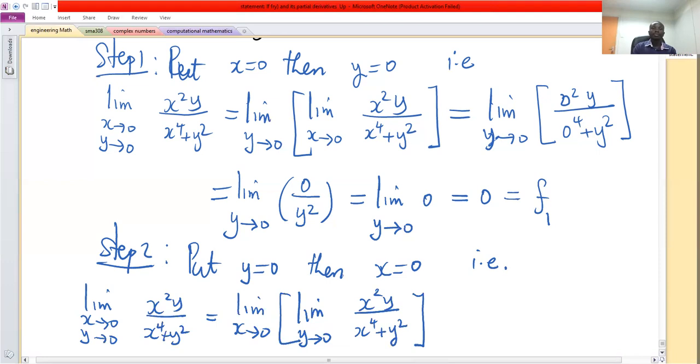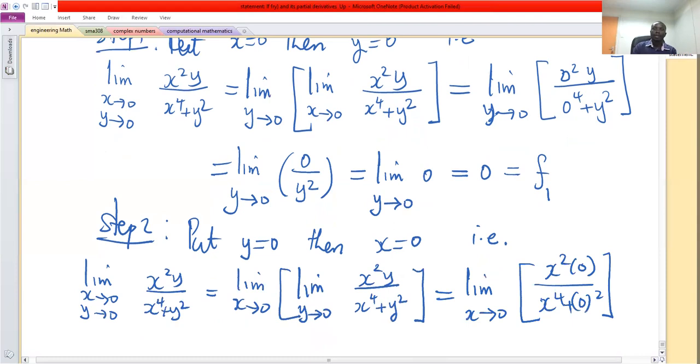You start by solving what is in the square bracket by replacing y by 0. We have the limit as x approaches 0 of x squared times 0 over x to the power 4 plus 0 squared.